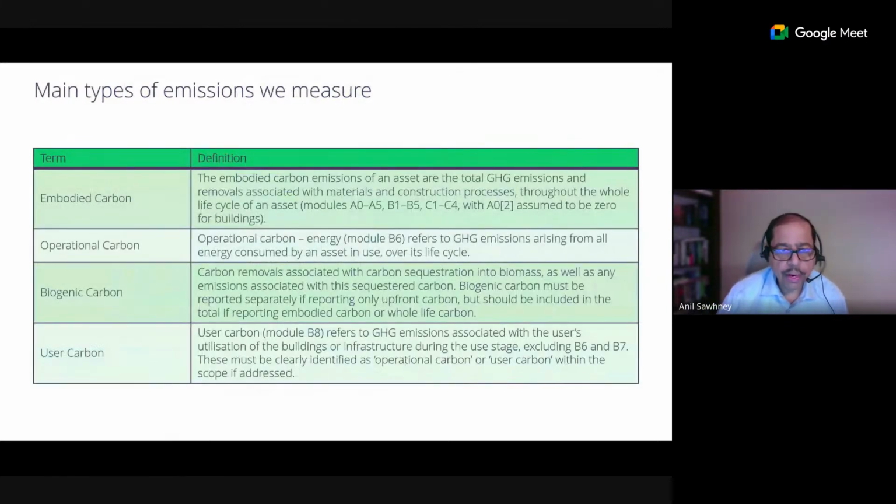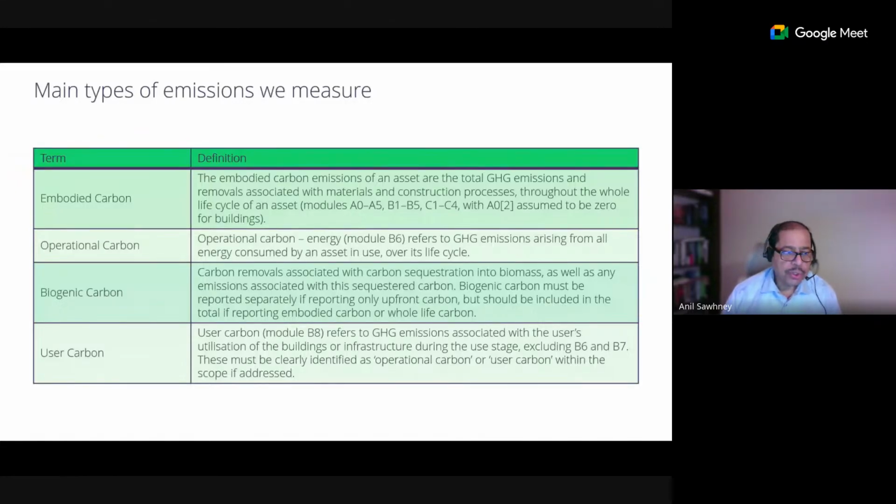Okay, so before I move any further, I'm going to define the important categories of emissions that we are going to be calculating using our WLCA. The first type of emission that we need to understand is called an embodied carbon emission or embodied emissions.